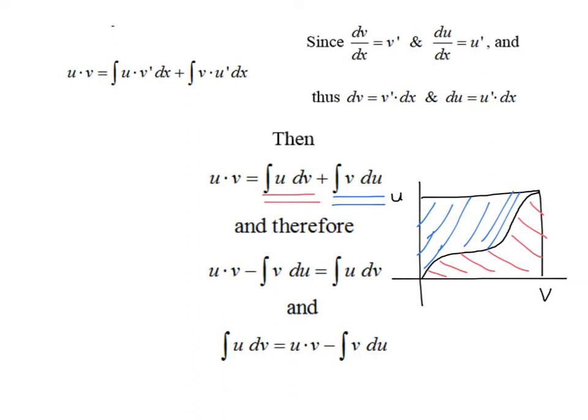So the blue, of course, would be v du, or in other words, the area between this curve right here and the u-axis, whereas the red would be the u dv, the area between the curve and the v-axis. And if you add those two areas together, then you get the product of u times v, which of course is the area of the rectangle. I kind of thought that was a nice way to somewhat picture this, or give it a geometric meaning.